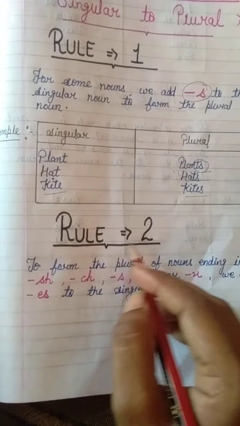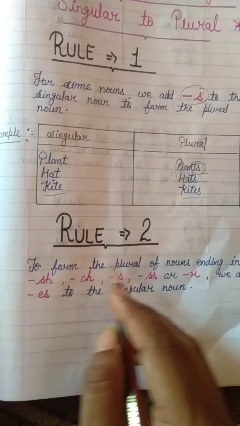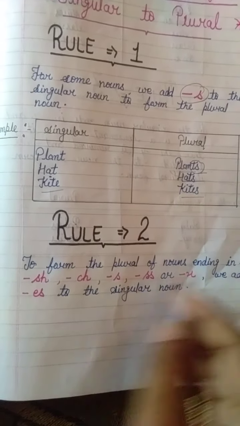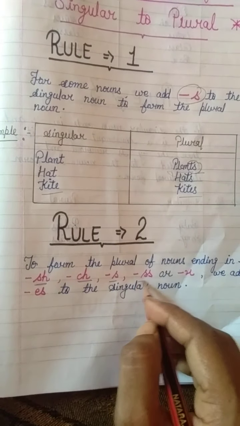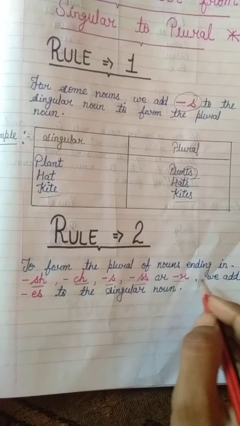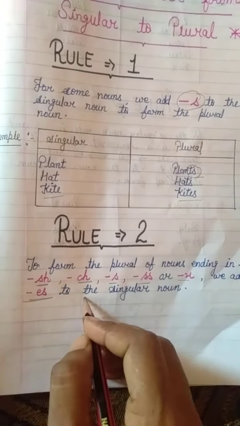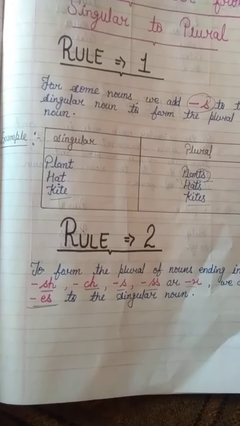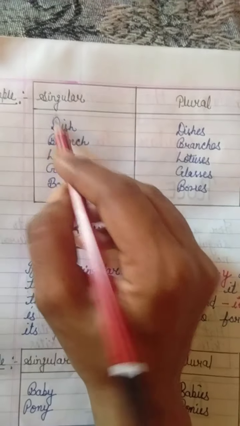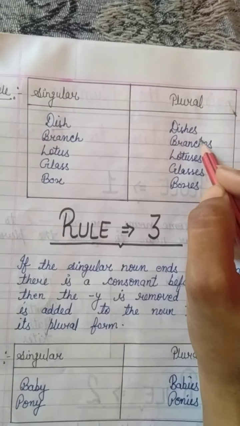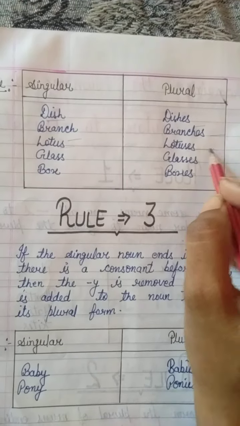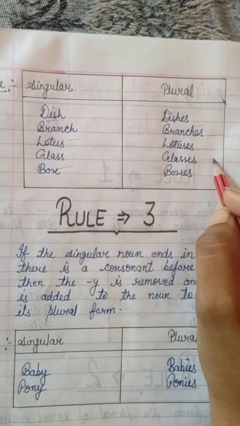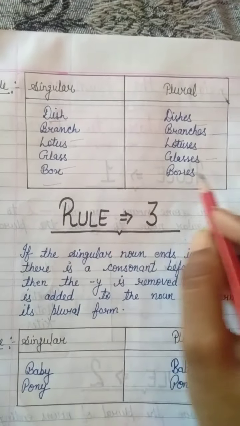Now the rule number two. To form the plural of nouns ending in sh, ch, s, ss or x, we add es to the singular noun. For example, dish, dishes, branch, branches, lotus, lotuses, glass, glasses, box, boxes.